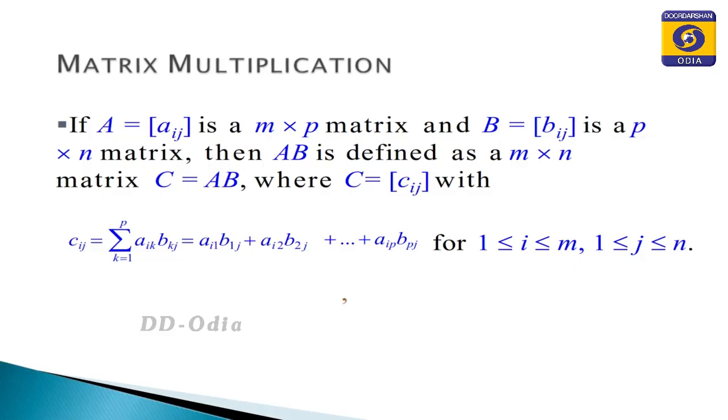If A is a matrix of order m cross p whose elements are in the form Aij, and B is a matrix of order p cross n whose elements are in the form Bij, then AB is defined as a matrix of order m cross n whose elements are in the form Cij, where Cij is equal to the summation of k varying from 1 to p of Aik Bkj, where i is less than or equal to m and greater than or equal to 1, and j is less than or equal to n and greater than or equal to 1.